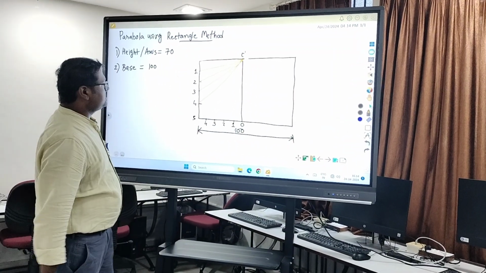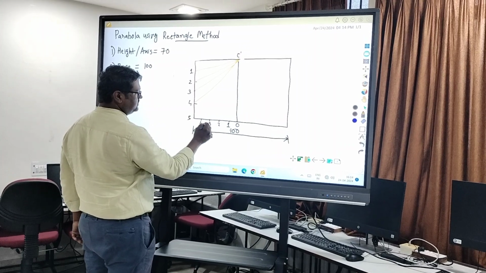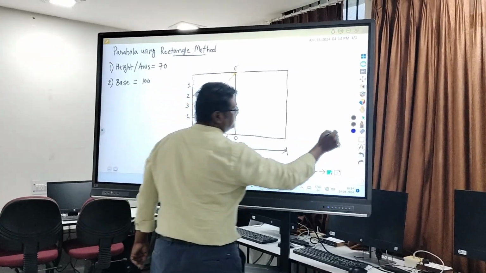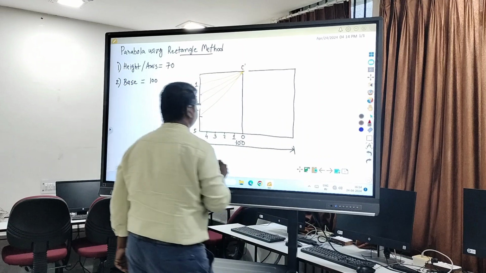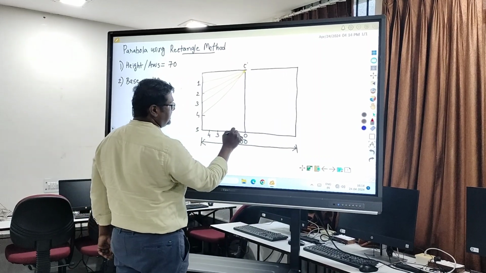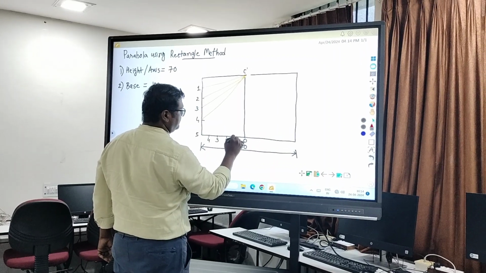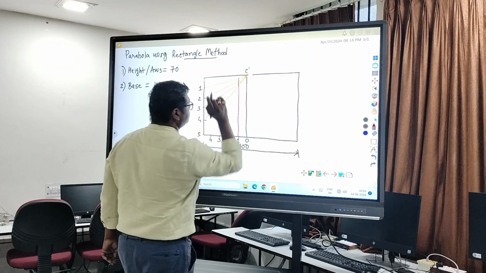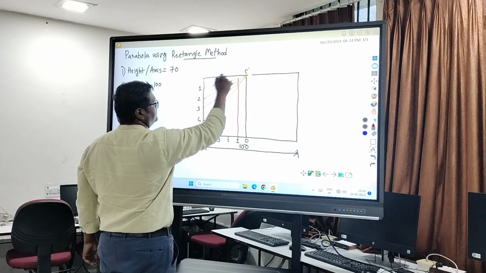Now, for the base, we have points 1, 2, 3, 4 and 5. Draw parallel vertical lines from all the points. First, draw the line up to the intersection with the line 1 O dash.